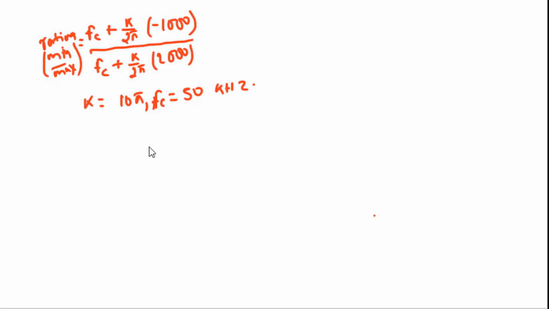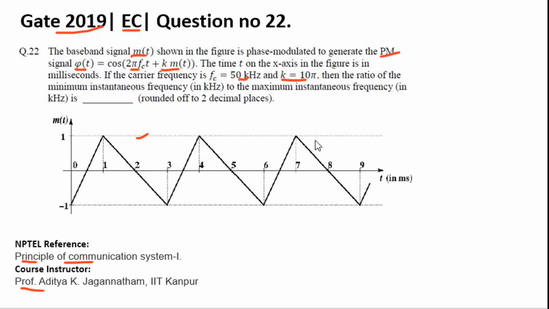By putting these in, you will get the ratio as 45 divided by 60, all in kilohertz. So you will get the ratio as 0.75. So the correct answer for this question is 0.75.